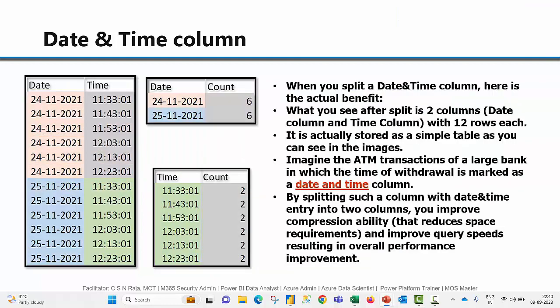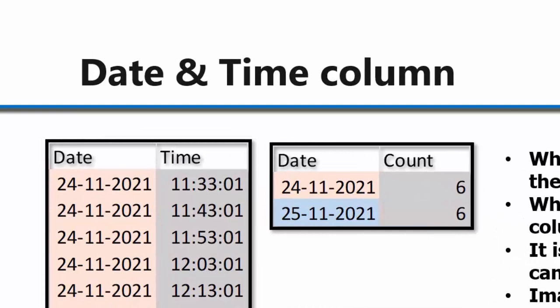When you split the date and time column, here is the actual benefit. What you see after the split is just two columns, date column and time column with 12 rows each. It is actually stored as a simple table, as you can see in the images.